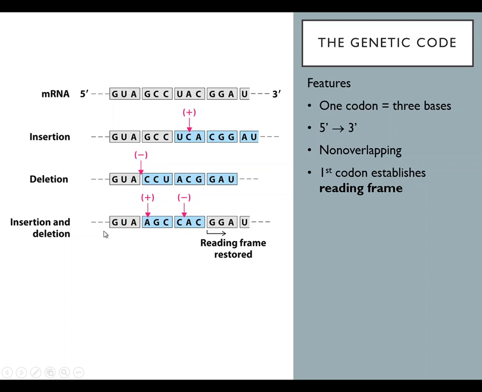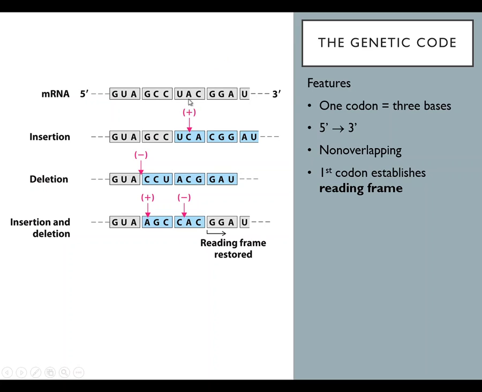What that means is any mutation that causes either an insertion of a base or a deletion of a base is going to create what we call a frameshift mutation. So a frameshift mutation, like here, if let's say you have an insertion into this position here.